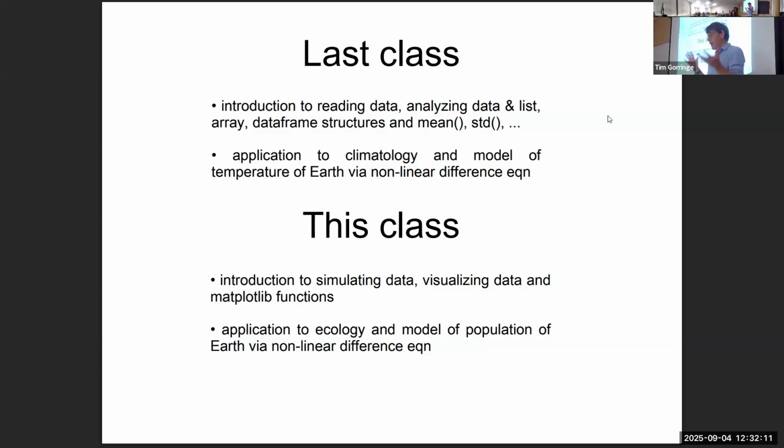It's from ecology. It's about populations, survival of populations. It might be rabbits, it might be humans. Again, knowing nothing about it, I'm going to write a difference equation for a population of rabbits or a population of humans, and we're going to use that as a basis for exploring, plotting, and visualizing data. And again, it's going to be a difference equation.